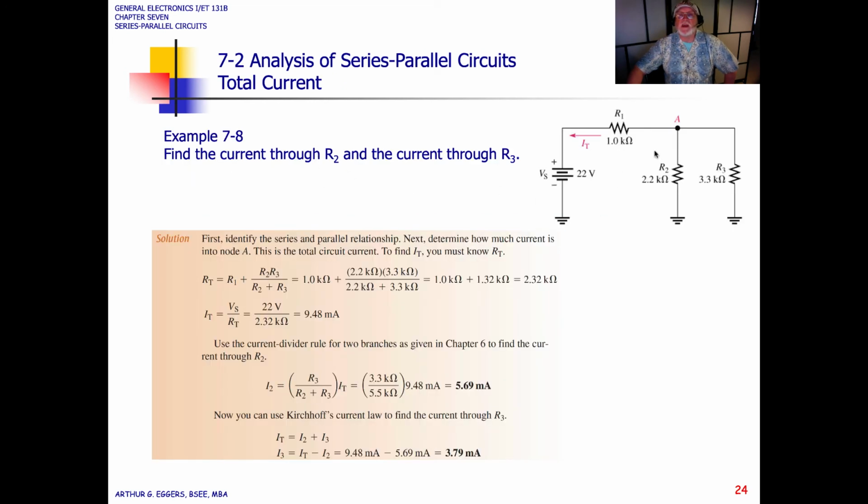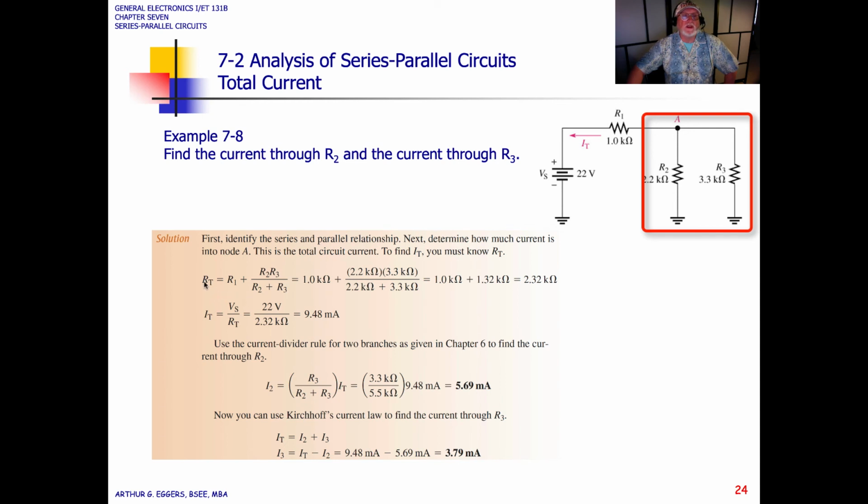So in this example, again a fairly simple example, we've got two resistors in parallel and one resistor in series. The first thing I'm going to do is tackle the parallel branch, R2 and R3, and sum it with R1.